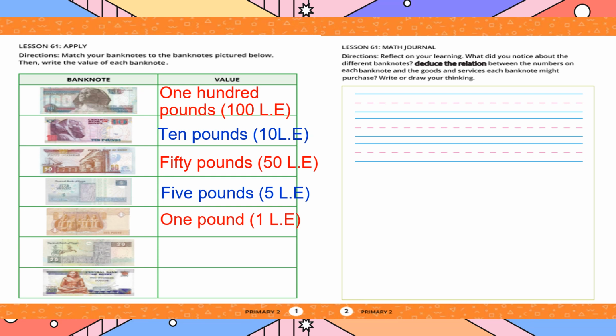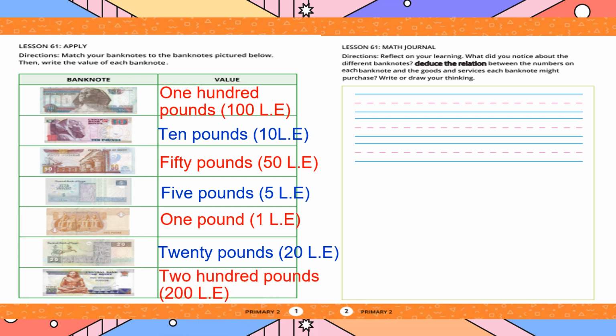Next one, what is the number here? It's 20. So this banknote is 20 pounds or 20 LE. The last one, what is the number here? It's 200. So this banknote is 200 LE or 200 pounds. I can say pounds or LE.